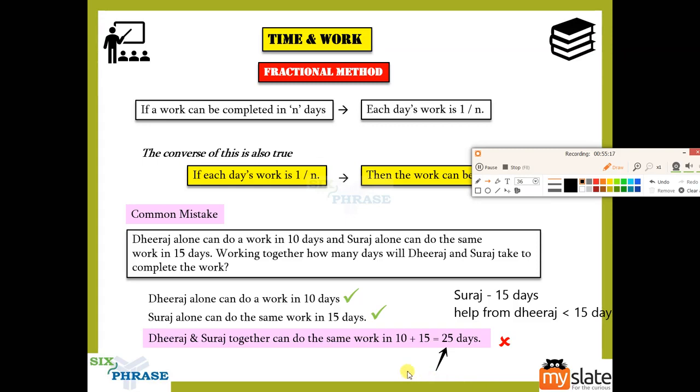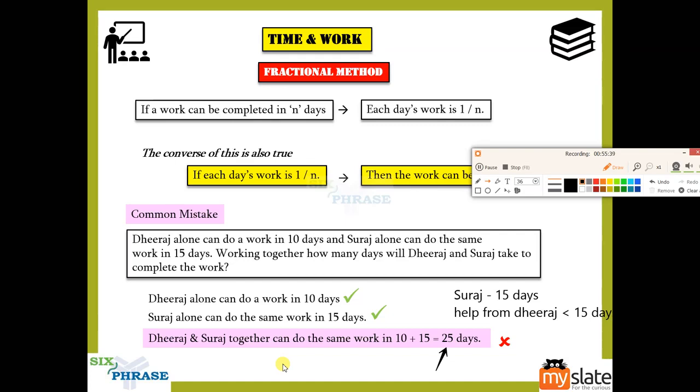I'd say it is not the method, it is the way you substituted the things that you added. Dheeraj and Suraj work together, and you cannot add the time. You must be adding the rate of work, or the efficiency, or the work done per day.